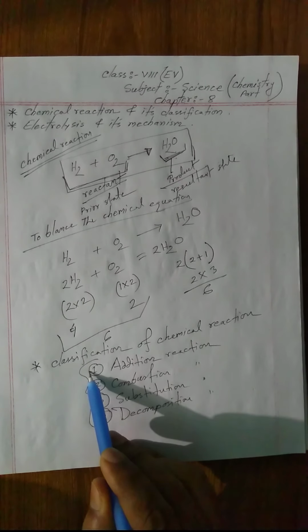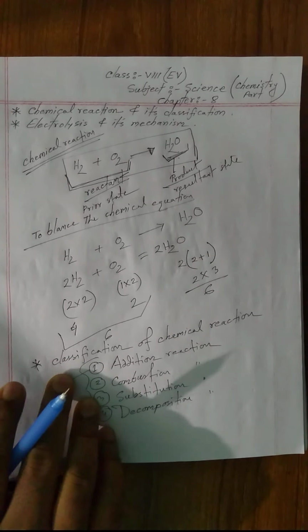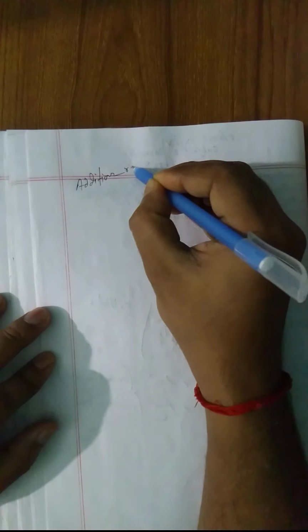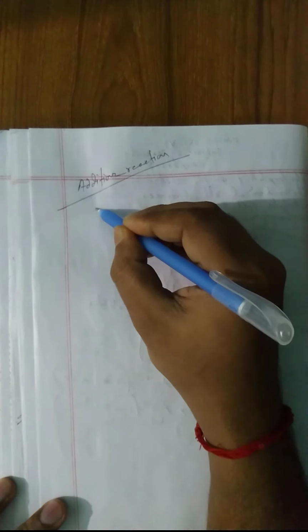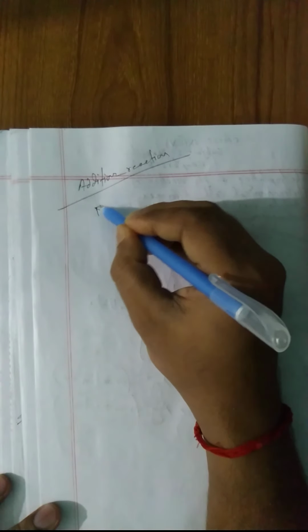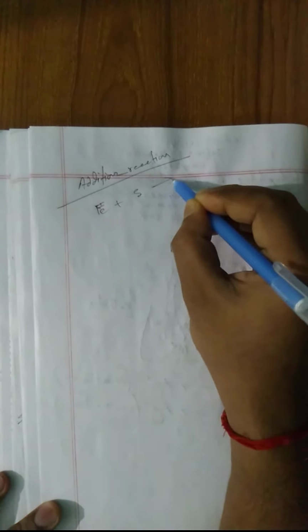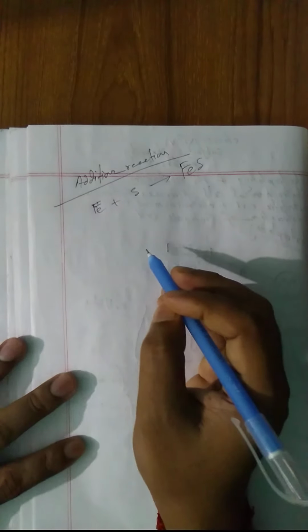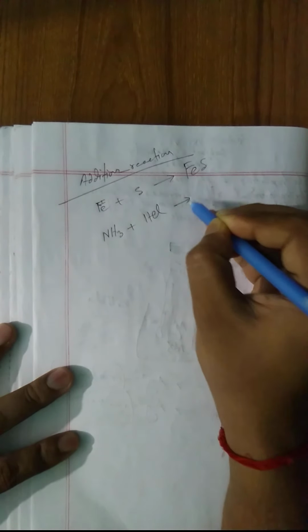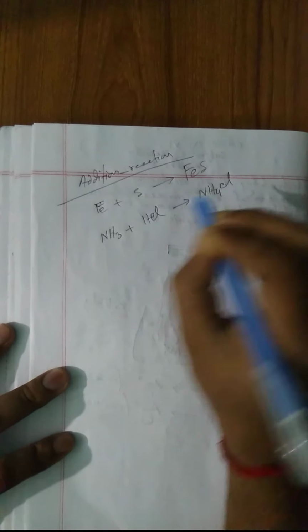First, addition reaction. Suppose iron reacts with sulfur and produces iron sulfide, and ammonia reacts with HCl and produces ammonium chloride.